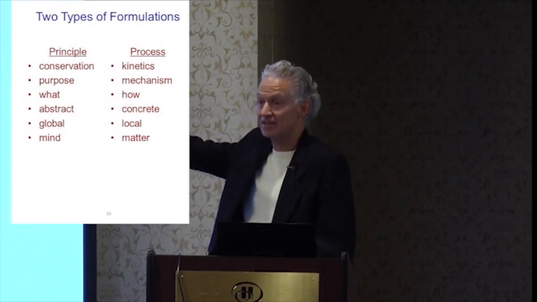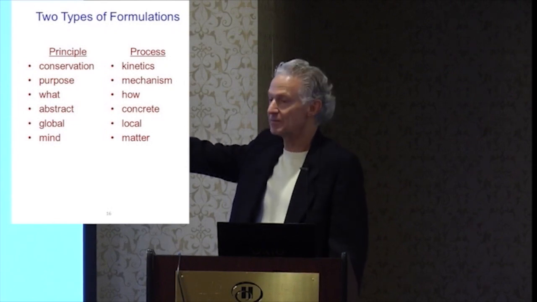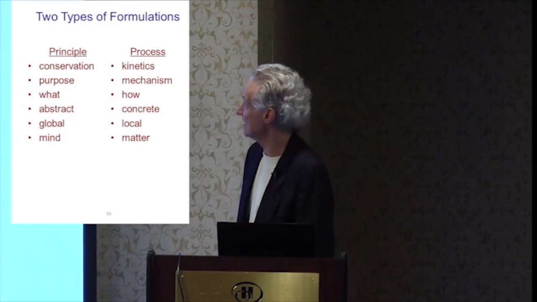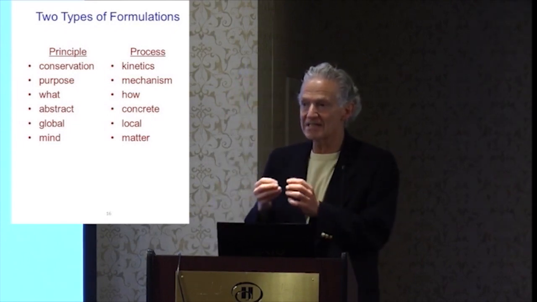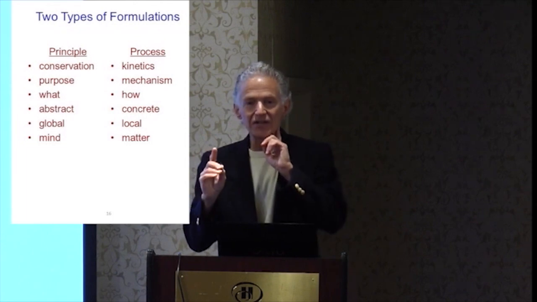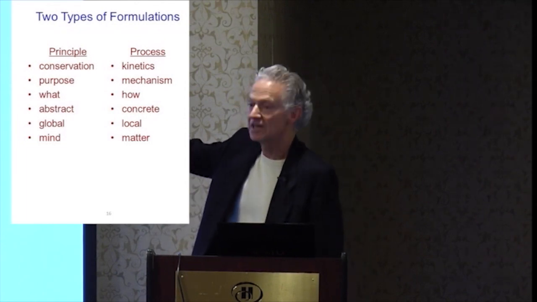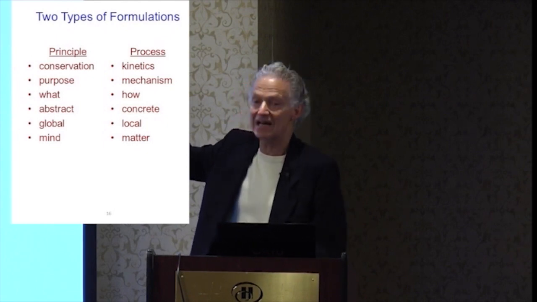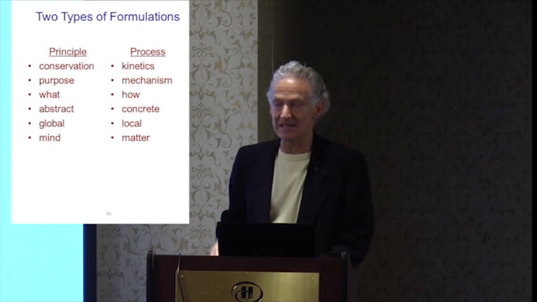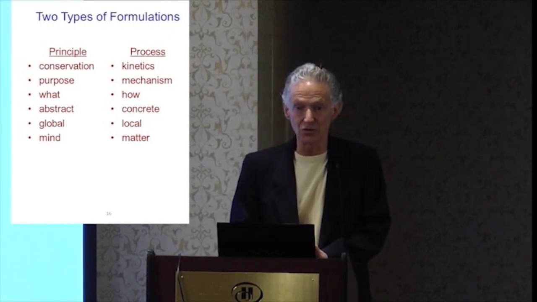It might be what happens versus how it happens. Principle tends to be more abstract, process tends to be more concrete. Principle tends to be a global thing, process tends to be local. And so in looking at the semiconductor example, the periodic potential is global, the spreading of atomic orbitals is local. And so therefore, that's how I would divide these two concepts. Then we want to go a little bit farther, and that's why I call this whole thing dualism.